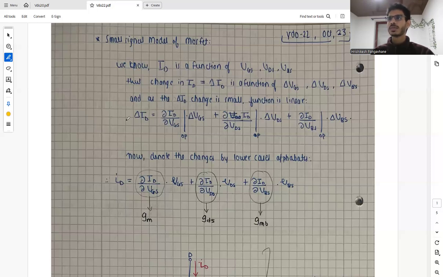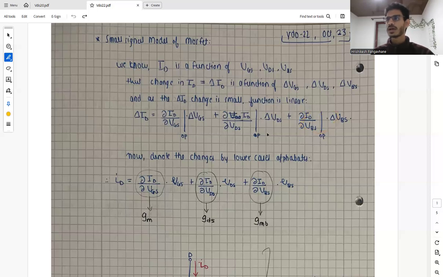So we can show the function in this manner, where delta ID is basically ∂ID/∂VGS at the operating point, or the bias point, times delta VGS, plus ∂ID/∂VDS at the operating point times delta VDS, and similarly for VBS.